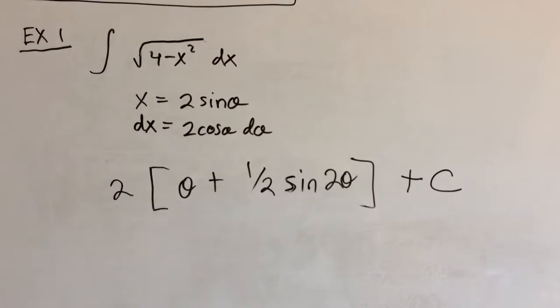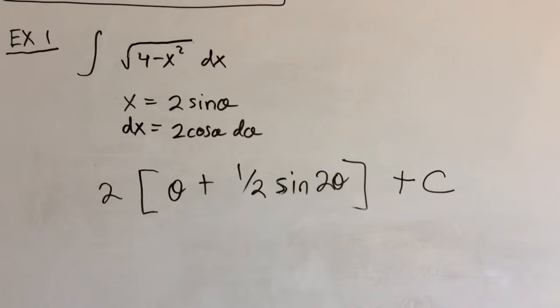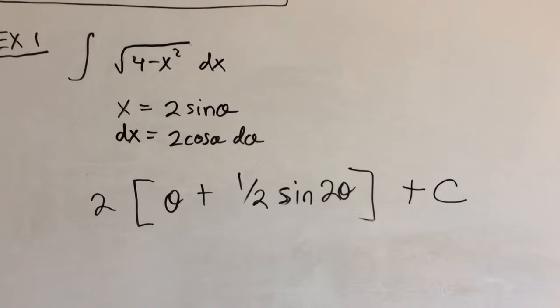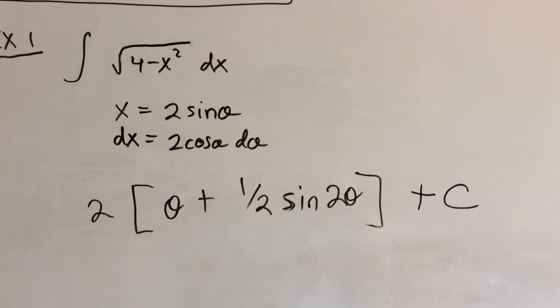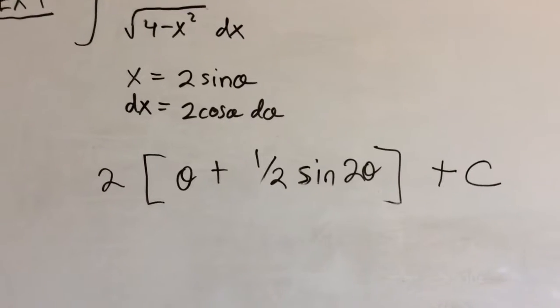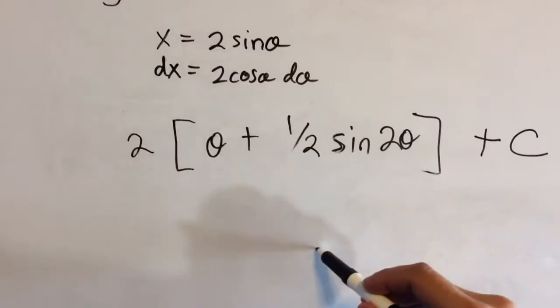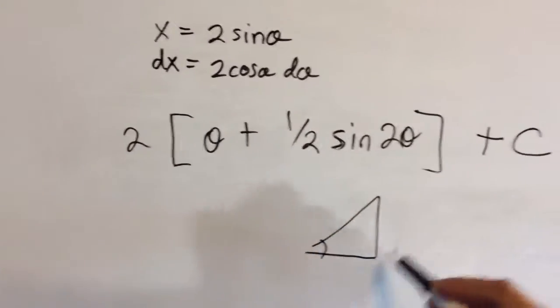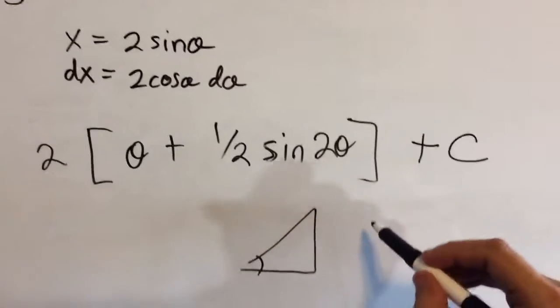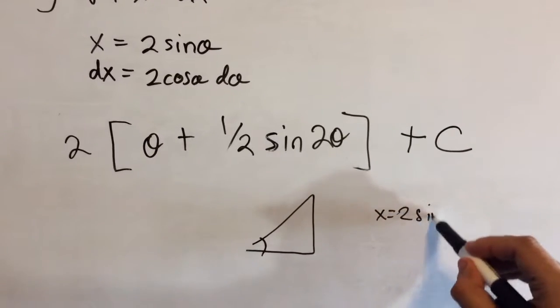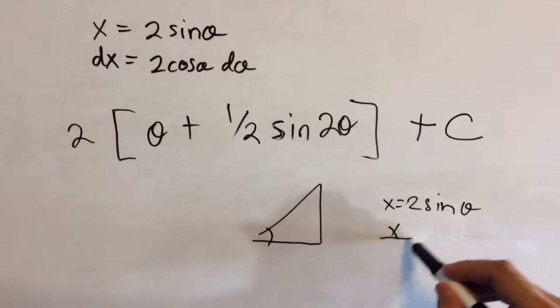Okay, so I had to erase some of my previous work to make some extra space. And I also forgot to write the plus c, since this is an indefinite integral. And this is not the final answer. In order to find the final answer, we have to use a triangle and use x equals 2 sine theta to solve.